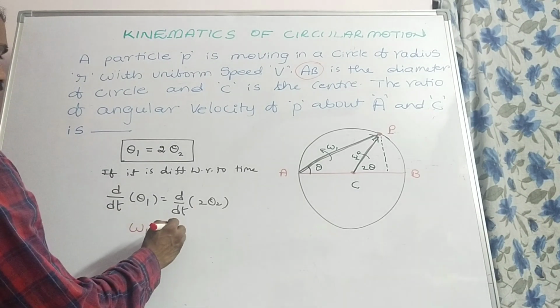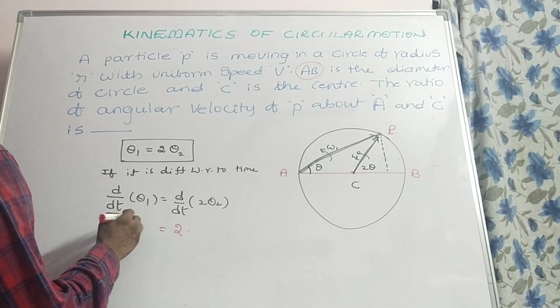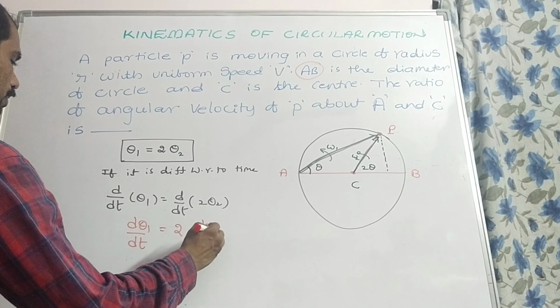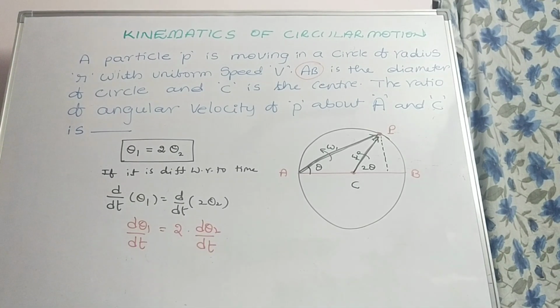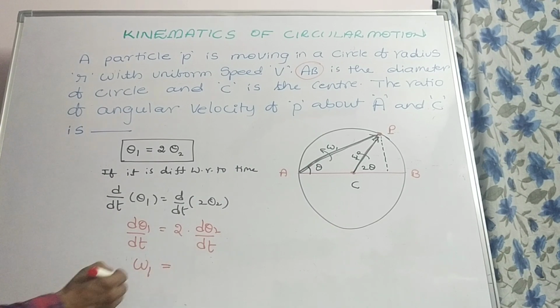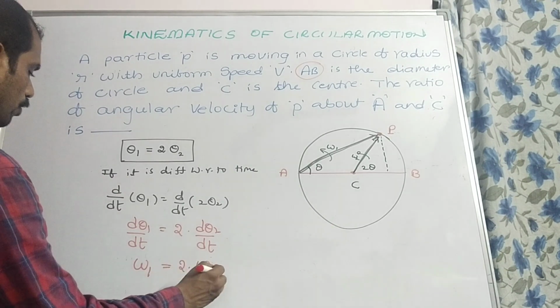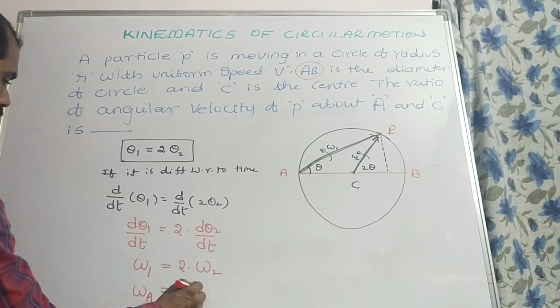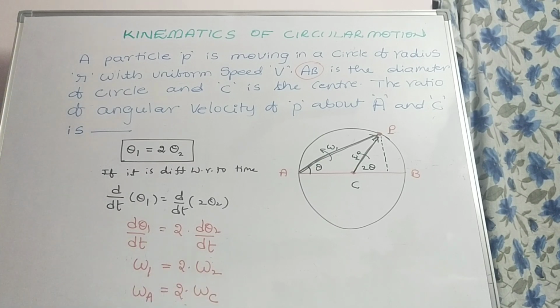That is equal to 2 into d theta 2 by dt, which is 2 into omega 2. Of course it can be written as omega A is equal to 2 into omega c.